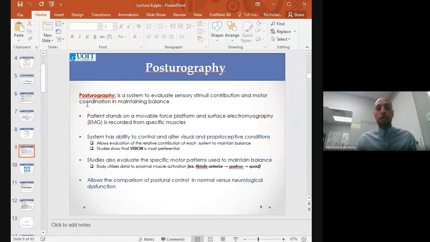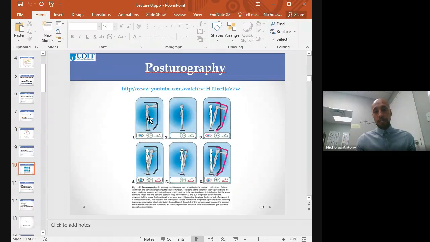It's used in research to test people's posture and to look at the different factors that contribute to maintaining balance in the motor system. And so utilizing posturography, you have someone standing in this cage where you have the ground that can move, or you have the wall that moves. So you can have vision telling you you're moving while you're not actually moving.